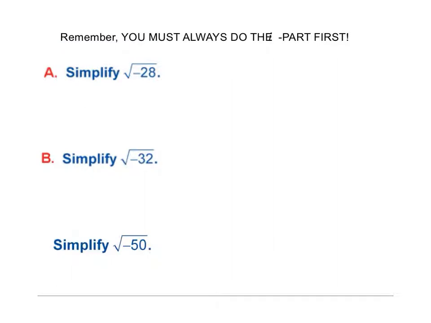You can actually simplify square roots that have a negative under the radical. It says here, though it's hard to see, that you must always do the i part first. So in other words, the square root of -28, you would rewrite this way: the square root of -1 times the square root of 28.